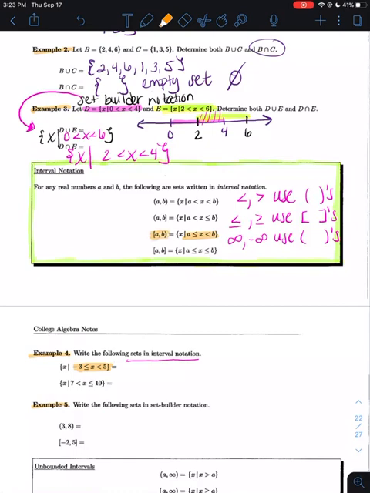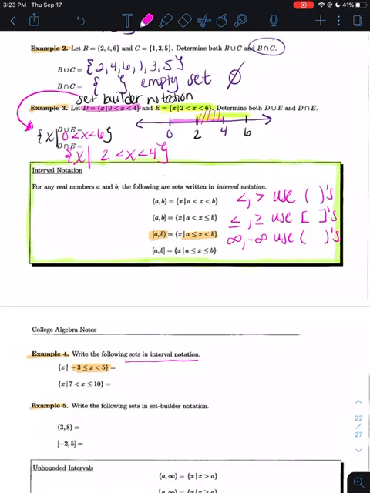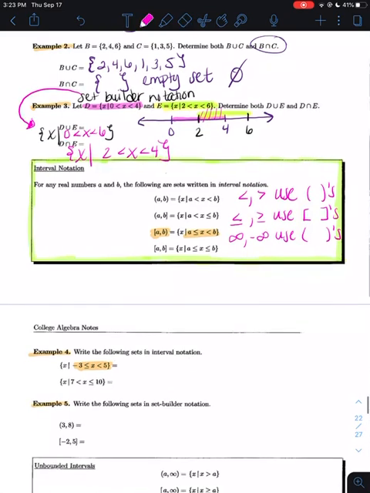So this is how your answer looks. If you wanted to use this chart, then this would be a bracket. A in our case would be -3, B would be 5 with a parentheses. So -3, 5.